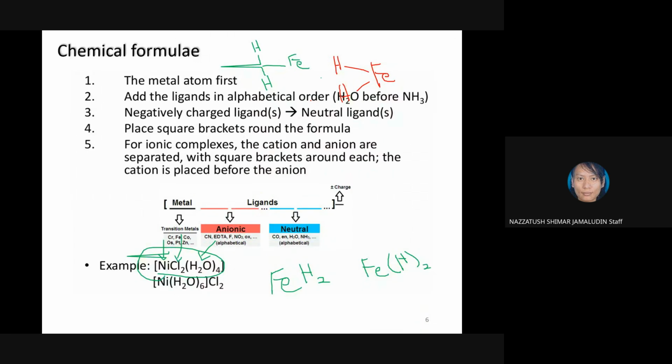The other coordinates to iron in the form of hydride. But we are not going to talk about this. I'm just giving you some advanced examples, a heads-up on what a coordination compound is.